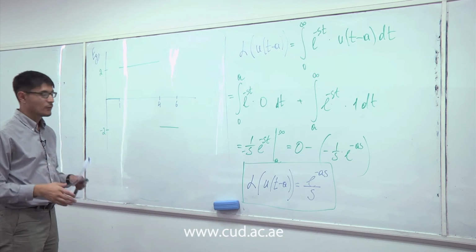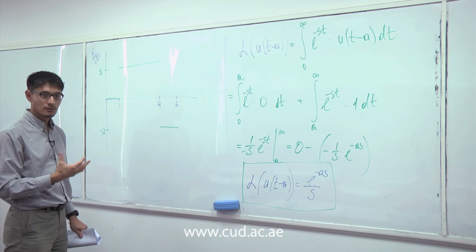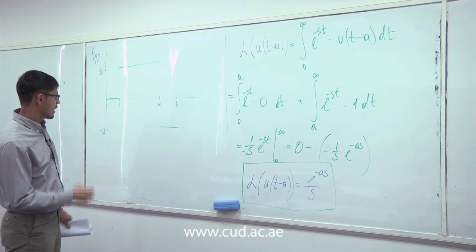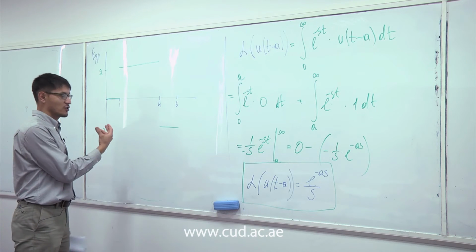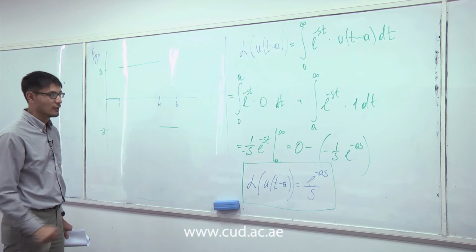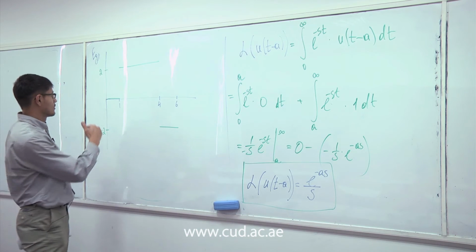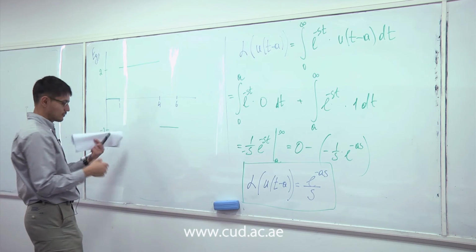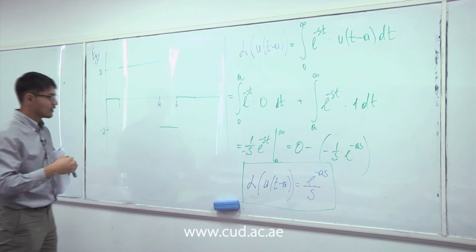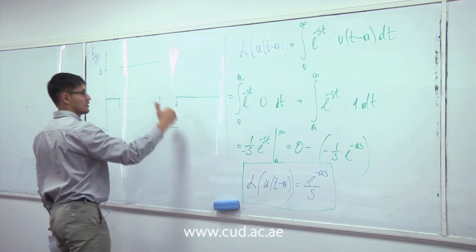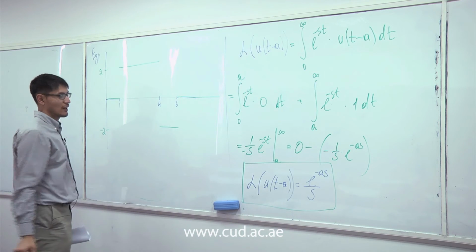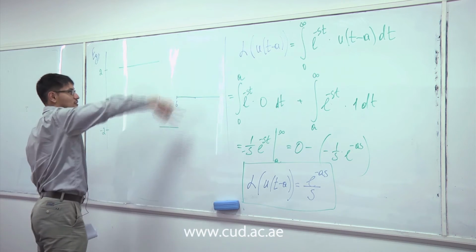Let's say we have a signal whose graph looks like this. Think of this as a signal. I want to write the mathematical equation to describe this signal. Notice the signal consists of step functions. So let's use the step functions to write down the equation of this signal.